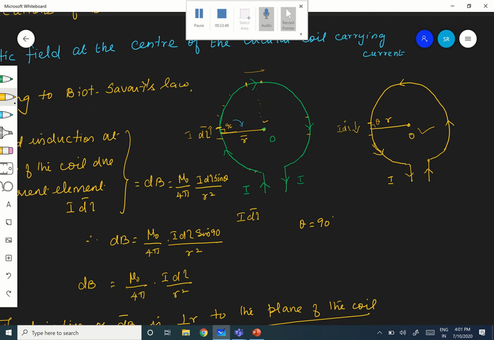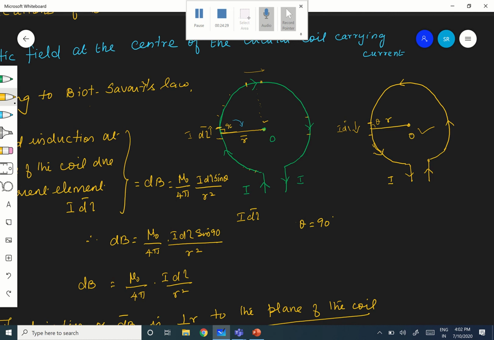According to this rule, if we hold the thumb of the right hand mutually perpendicular to the grip of the fingers, such that the curvature of the fingers, whether it is clockwise or anti-clockwise, represents the direction of the current in the loop, in the coil.